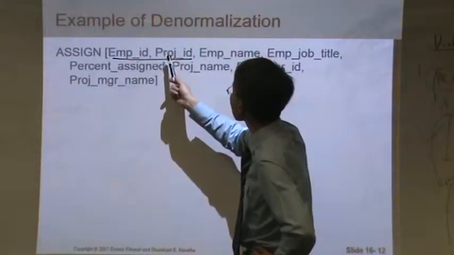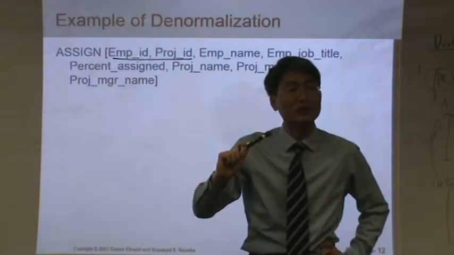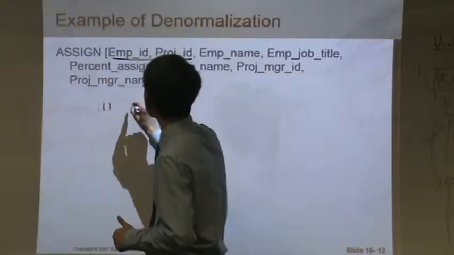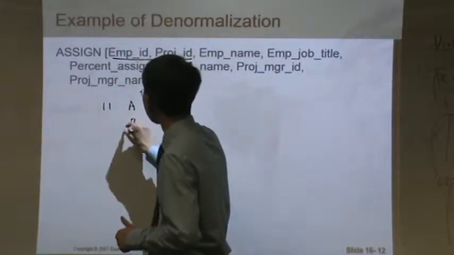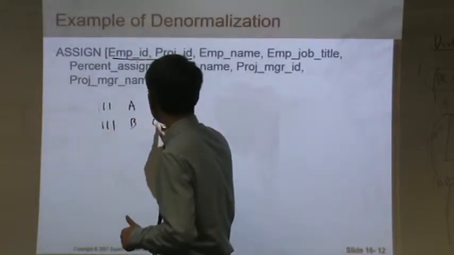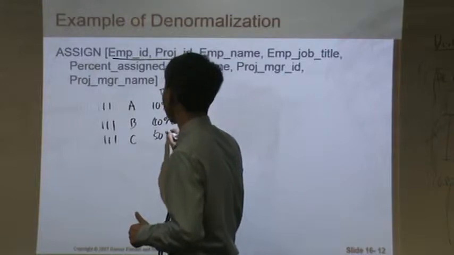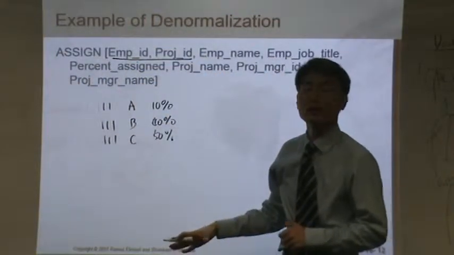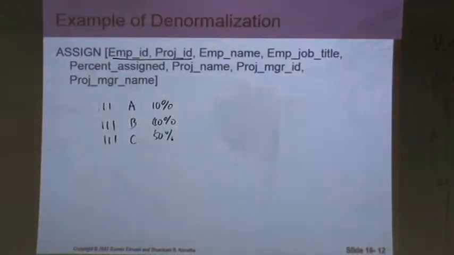Employee ID plus project ID determines percent_assigned, right? So for example, employee ID 111 and project A 10%, 111 B 40%, 111 C 50%, something like that. This is the example. Then it's not in second normal form.